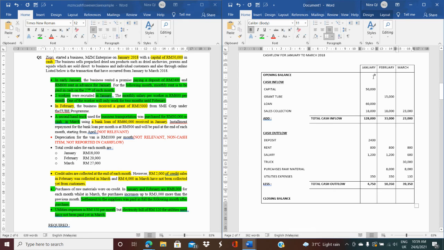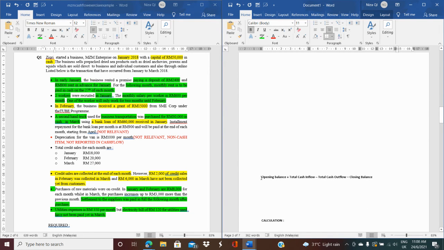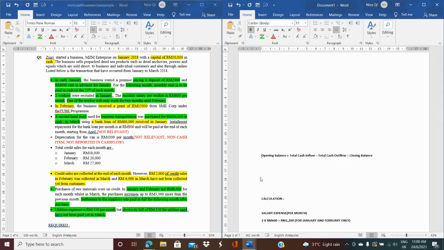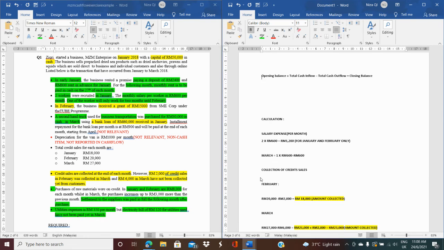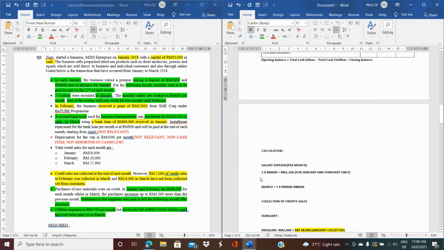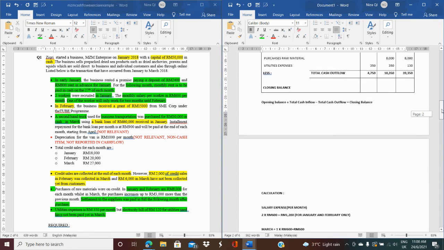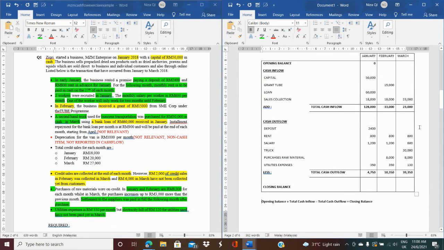Now calculate the closing balance. How do you calculate the closing balance? This is the formula down here. You use opening balance plus total cash inflow minus total cash outflow to get the closing balance. So here 0 plus 128,000 minus 4,750.